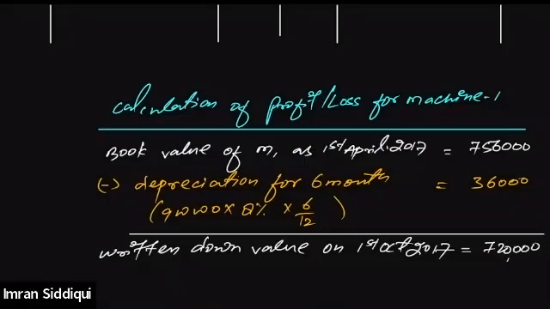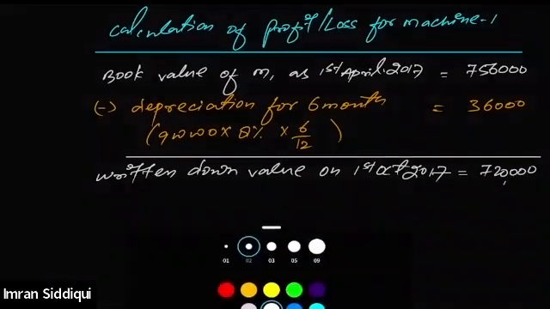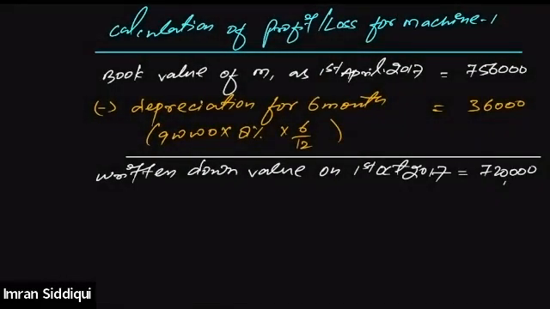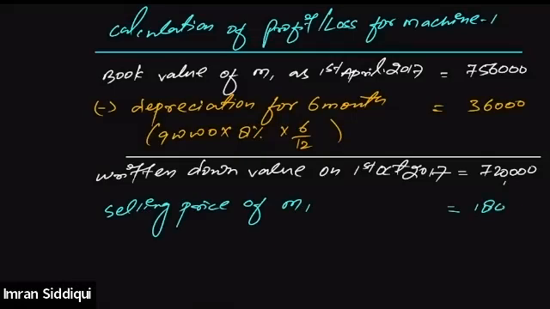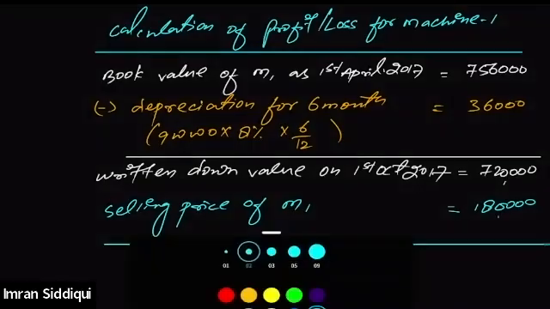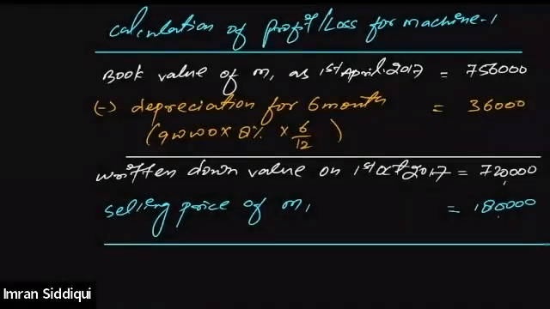Got it? And now this machine is being sold. Selling price of machine 1 is equal to 1,80,000, as this machine was sold for rupees 1,80,000. So that means it is a situation of loss, right? Machinery having a written down value of 7,20,000, if it is sold in the market for rupees 1,80,000, what do you think?